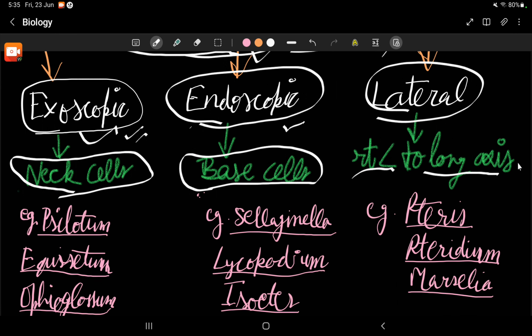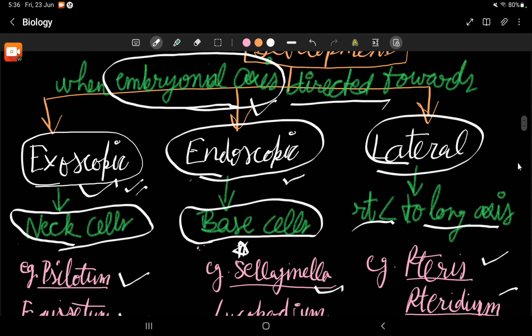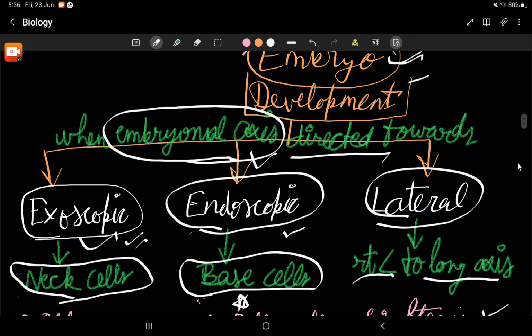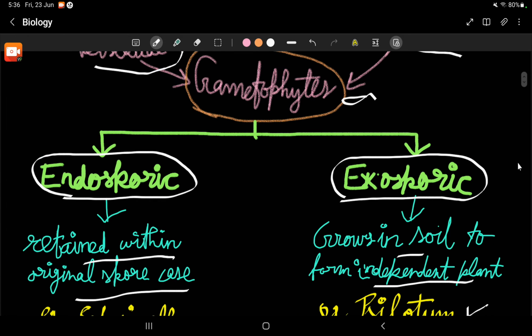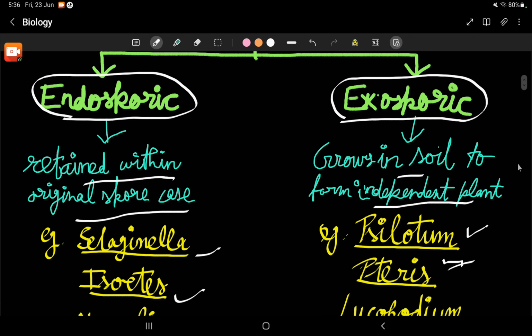Again, very important examples: exoscopic in Psilotum, Equisetum, Ophioglossum, while endoscopic embryo is formed in Selaginella, Lycopodium, Isoetes. Here Selaginella again. Lateral embryo is formed in Pteris, Pteridium and Marsilea. In Selaginella, there is endoscopic embryo development, and the gametophyte is also endosporic.